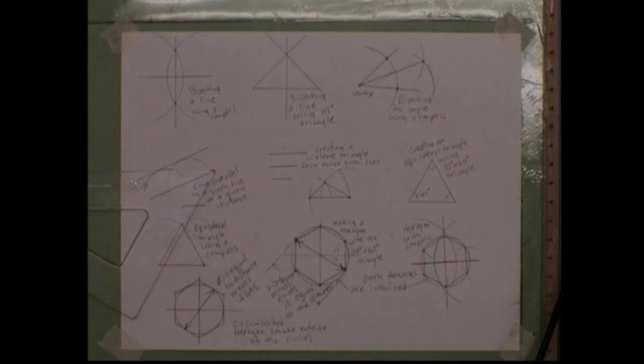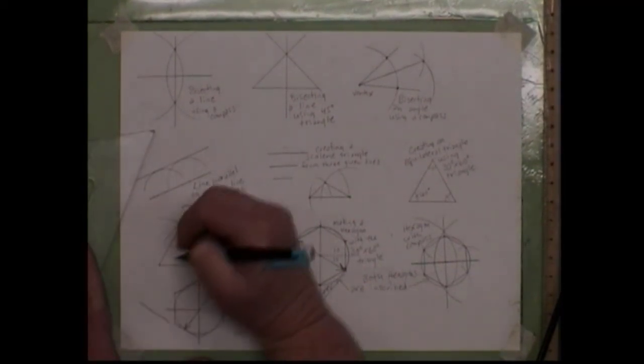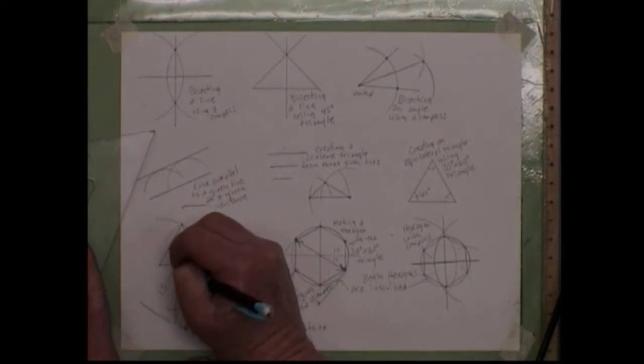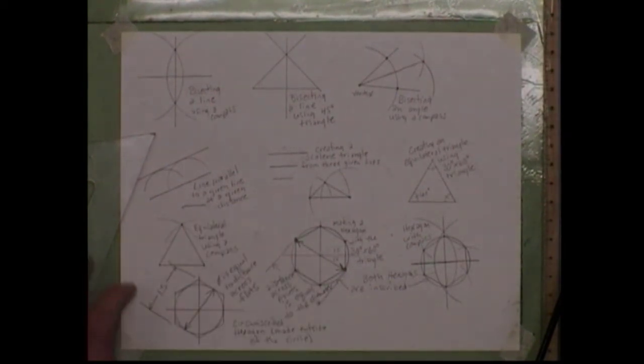So if I were given a dimension like this and said, okay, this is a 1.5 distance across the flats, how would I construct that hexagon in AutoCAD? What would I have to do? I don't have triangles in AutoCAD. How can I make it? We actually have a polygon command, and when you click on polygon, it's going to say, where do you want to start this?